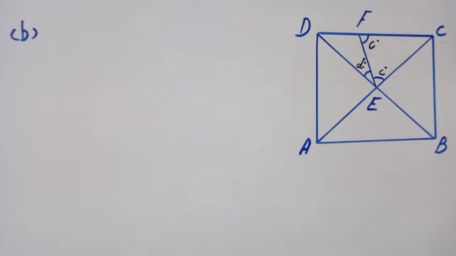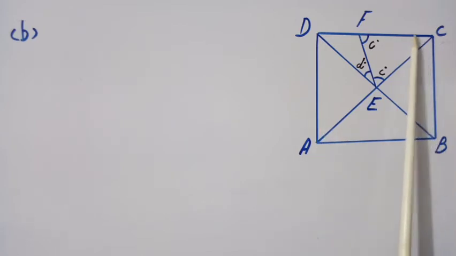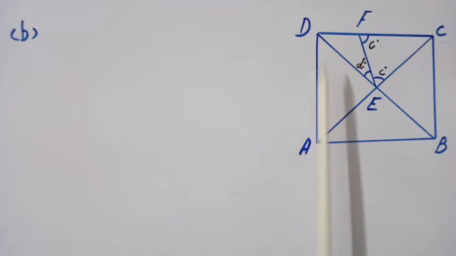No other angle in this figure is given as a numerical value. But one piece of information we have is that all these angles, the angle A, the angle B, the angle C and the angle D, are 90 degree each. Why? Because of the square. These are the internal angles of the square.